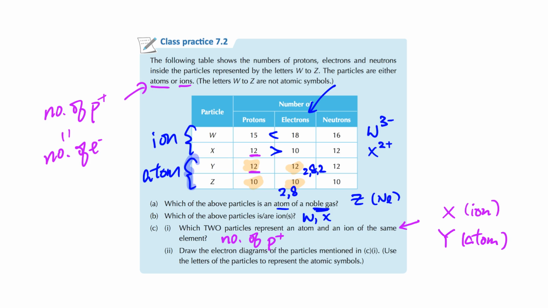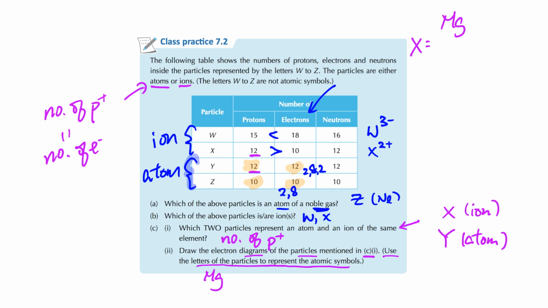Okay, so draw the electron diagram of the particles mentioned in C1. That means you have to draw X, and you have to draw Y as well. But you can use the letter of the particle to represent the atomic symbol. So for the particle here, you should have 12 protons, so you are talking about magnesium. For X, that is the ion.